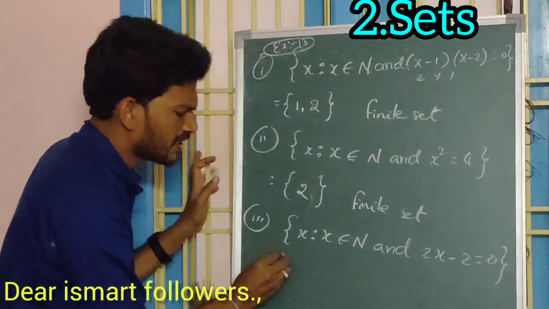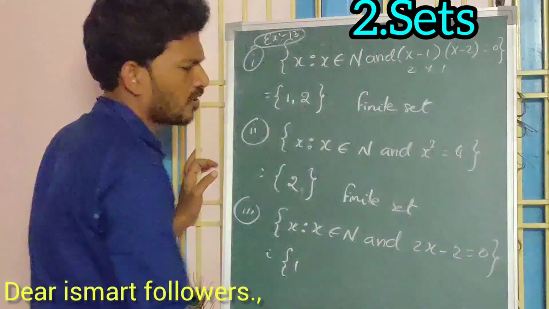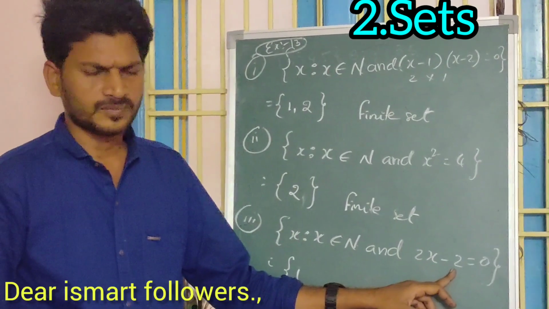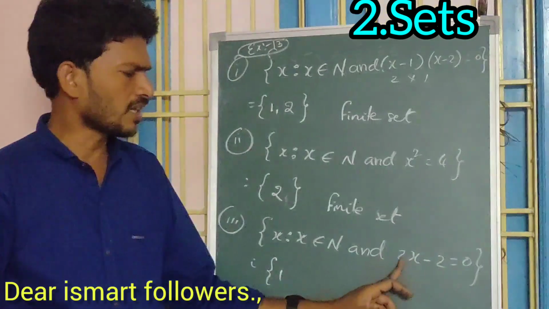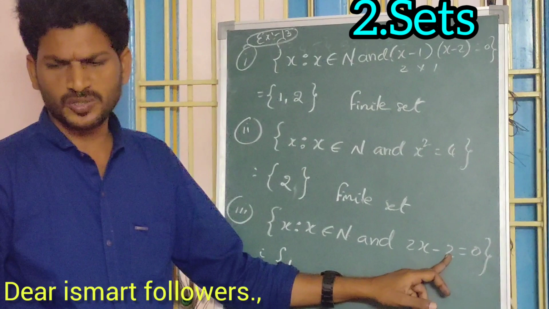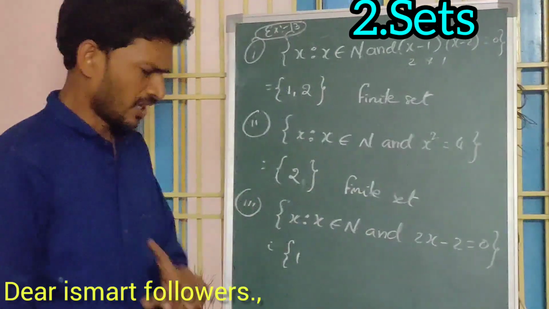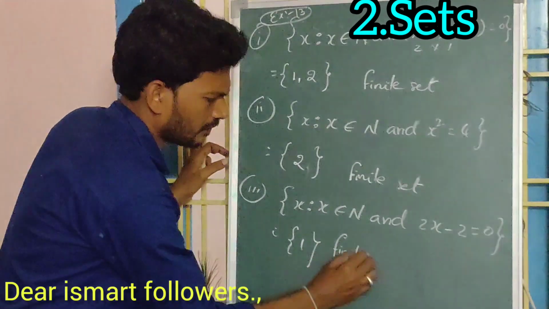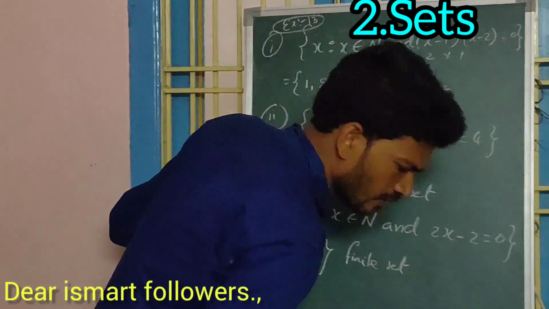So when we substitute 1, we got the answer 0. Next, 2: 2 into 2 is 4, 4 minus 2 is 2, no. Next, 3: 2 into 3 is 6, 6 minus 2 is 4, not 0. Here also we got only one element. Is this finite or infinite? Finite set.